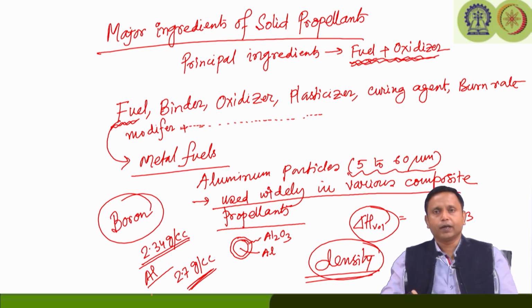Okay. For example, as we said, the boron particles have the inherent tendency to be covered with a native oxide layer. The core part of the boron will have pure boron, but the outside layer will be B2O3, which is going to inhibit the ignition process, and eventually that will not lead to the complete combustion of the boron particles within the given residence time of the motor. Because we do not have an abundant amount of time for burning the particles.